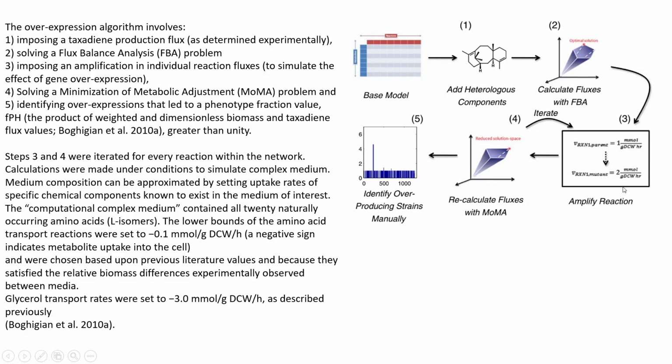Then you add certain constraints and amplify a certain reaction and see if your fluxes are increasing or not. If yes, you identify overproducing strains manually using that particular overexpression. If not, you iterate with a different overexpression candidate, and you see if it is giving you a better flux. So this is how the pipeline looks.